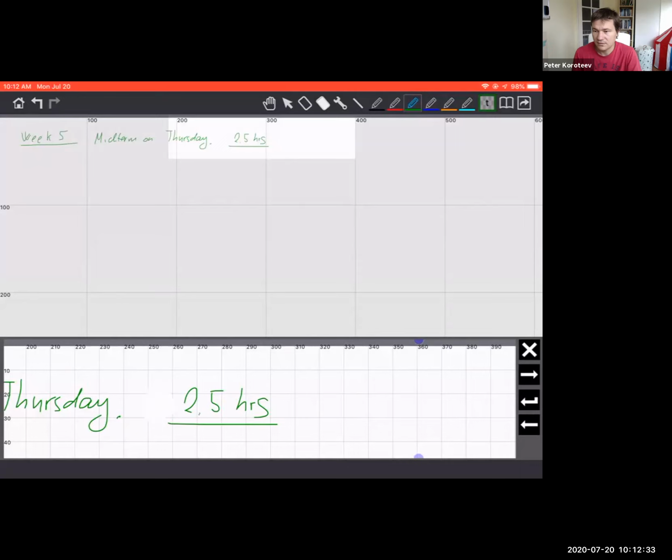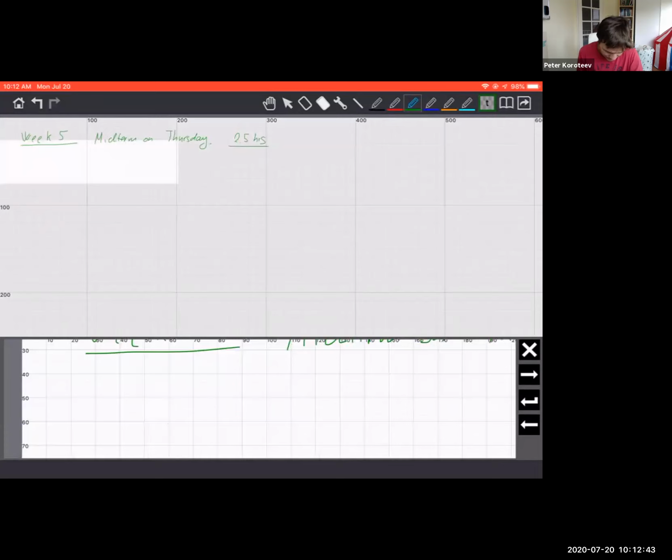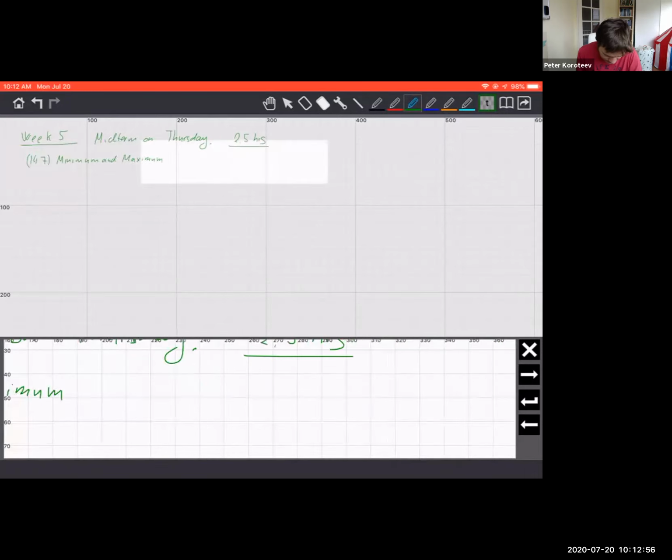Is anything from this week going to be on the midterm? No. Right now we'll start at 14.7, minimum and maximum values. And according to our tradition, the material which is taught on the given week is not tested on that week.